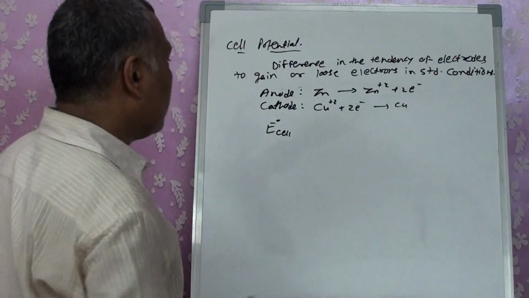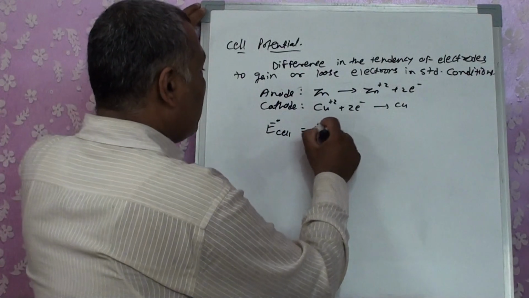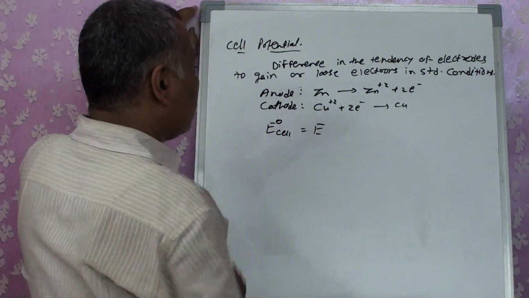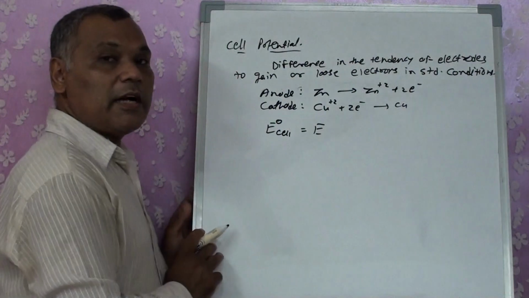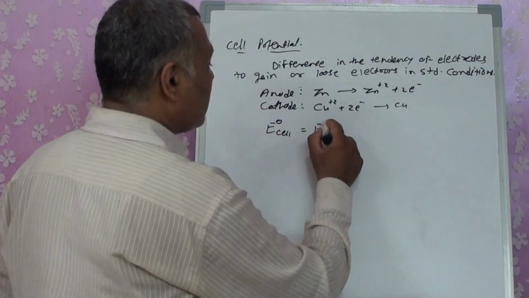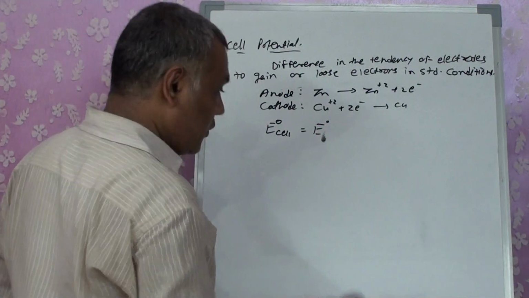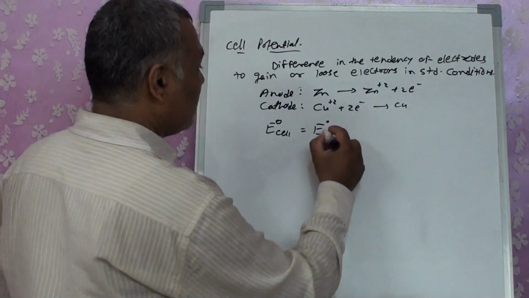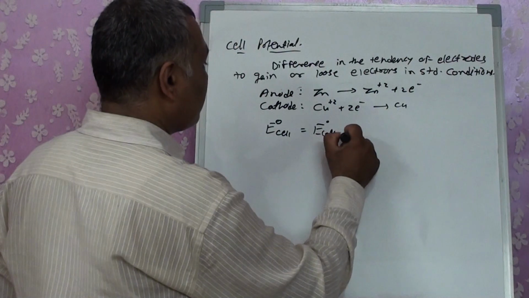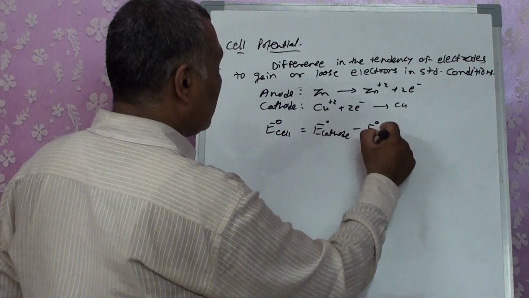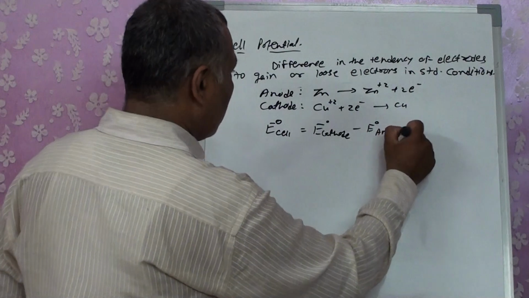So in that case, what we will do is E naught cell. This naught indicates standard condition. E naught cell is equal to E naught of cathode minus E naught of anode.